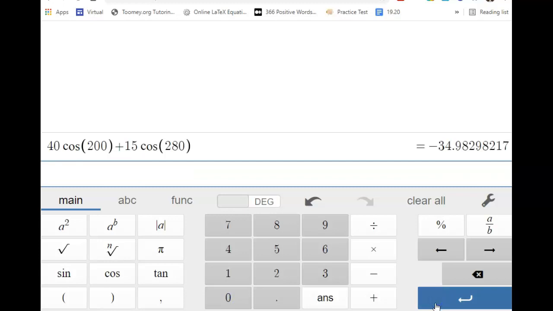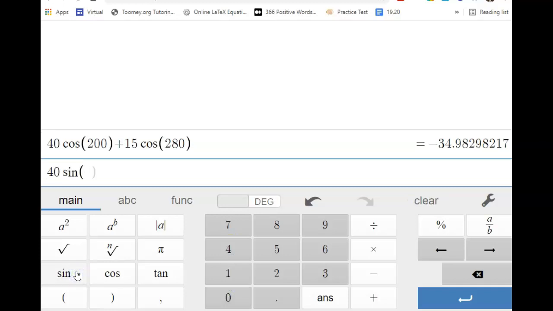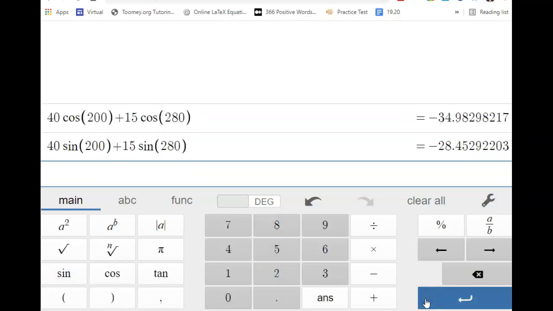That's my x component. Now I'll get my y component, which is 40 times the sine of 200 plus 15 times the sine of 280. And that's what I get for those two.